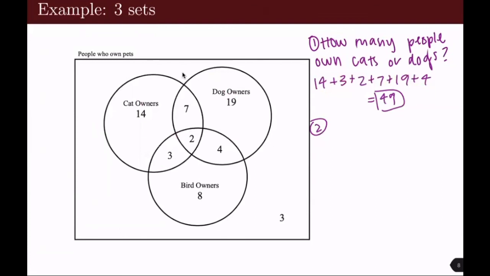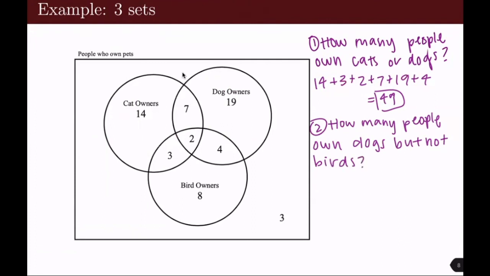Next, we are going to do how many people own dogs but not birds.